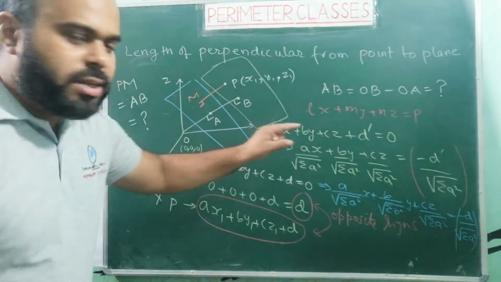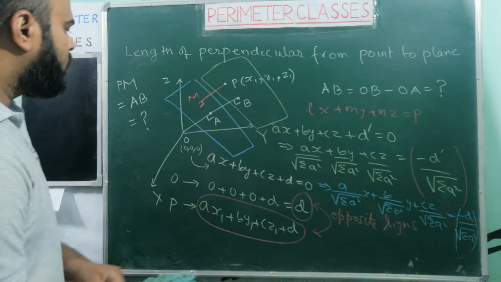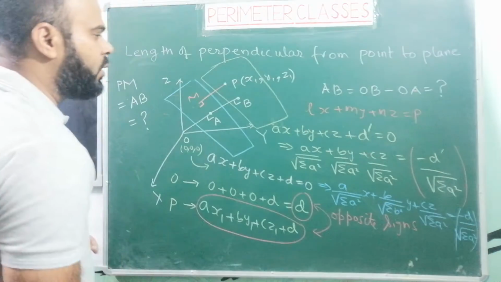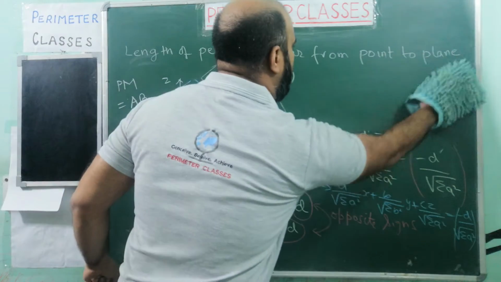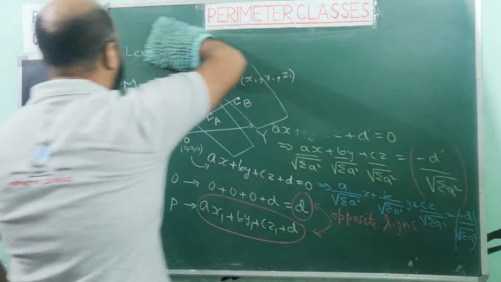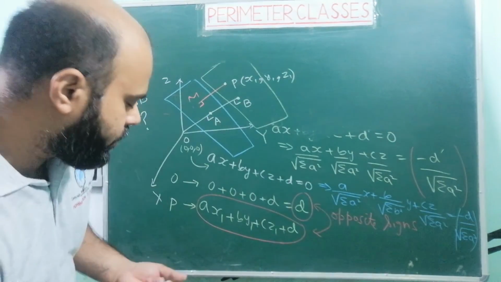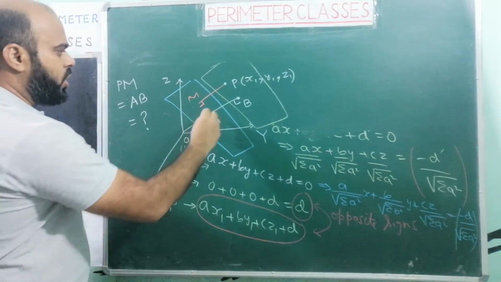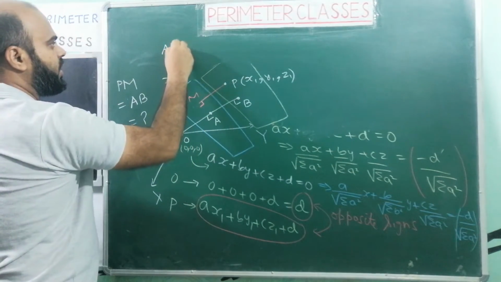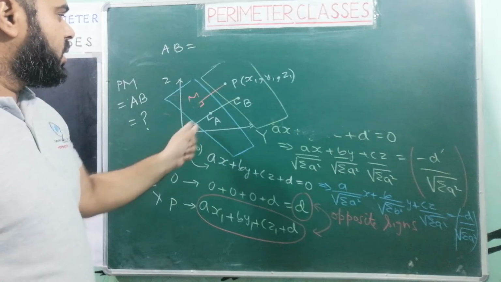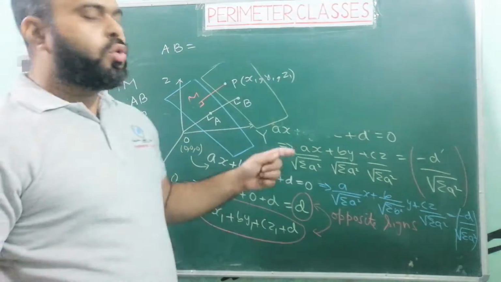Now I am erasing some of this in order to continue the calculation. So if I use this portion, I can say that AB, which is actually OB minus OA. So what is OB?